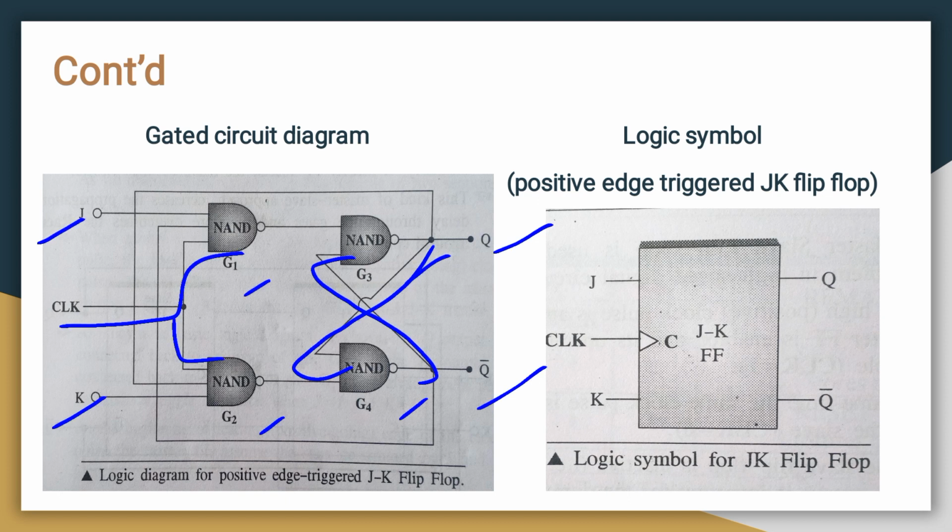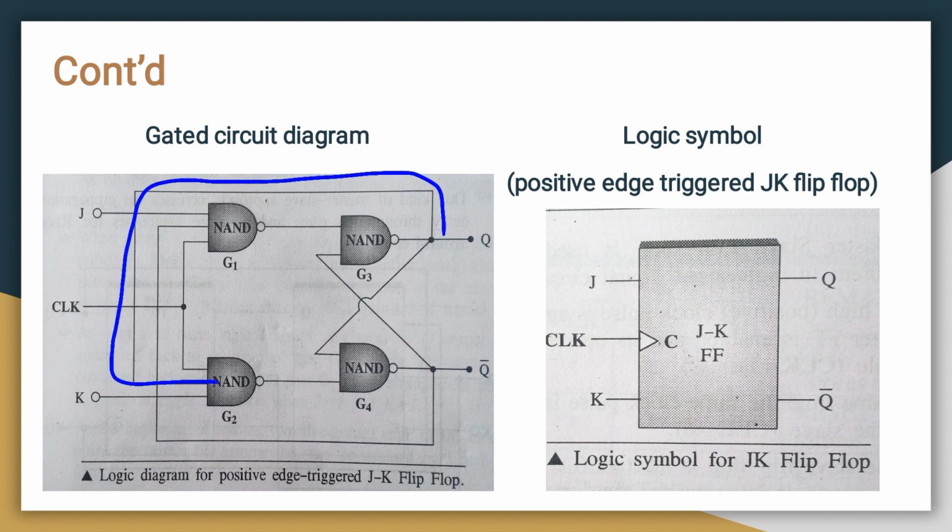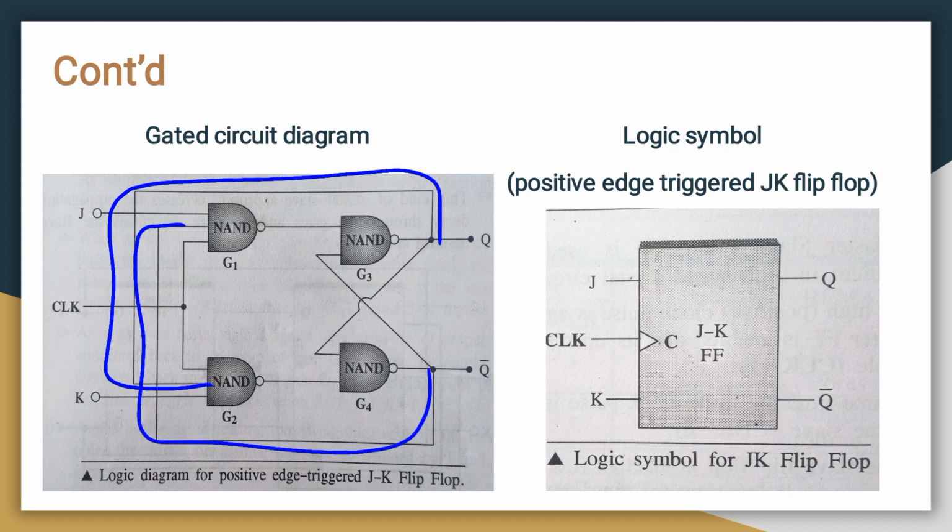One additional thing here, other than the RS flip-flop, is the feedback: the output of G3 is given back as an input to G2, and the same G4 output is fed back to G1 as an input. So this is the additional one compared to the RS flip-flop.